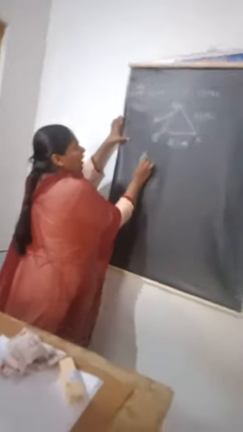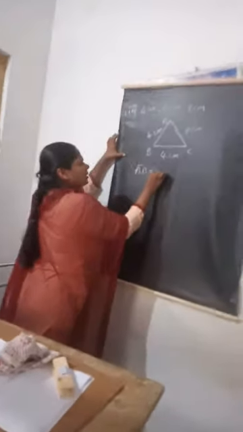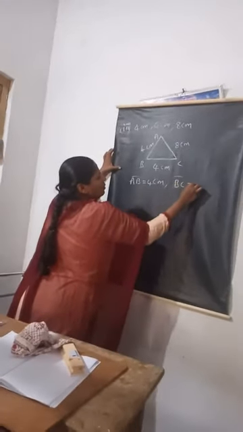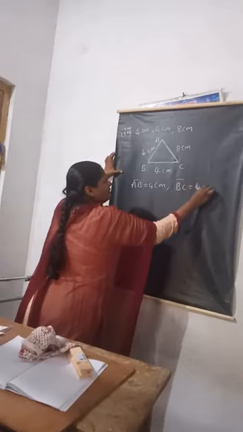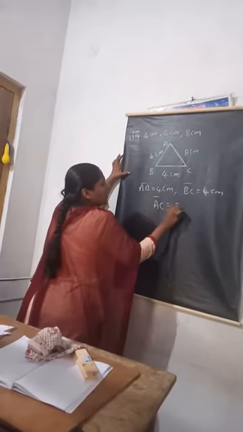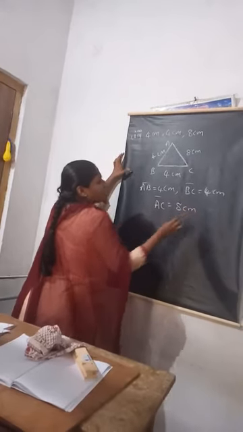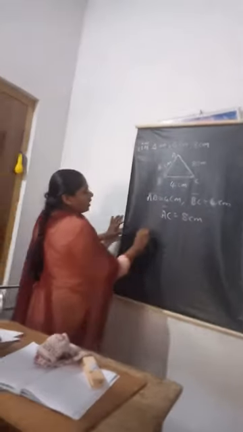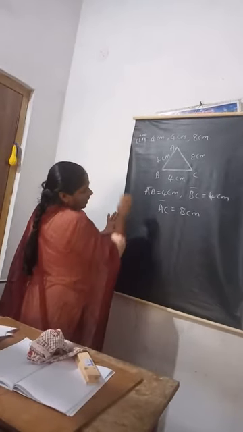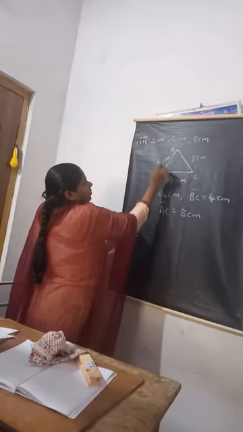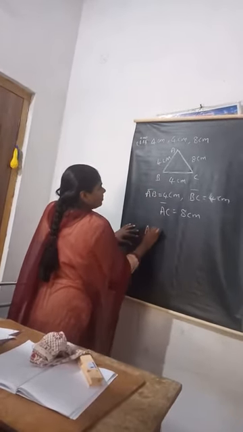Next, AB equals 4 centimeters, BC equals 4 centimeters, AC equals 8 centimeters. Now we do this problem the same as the previous problem. First, AB plus BC.